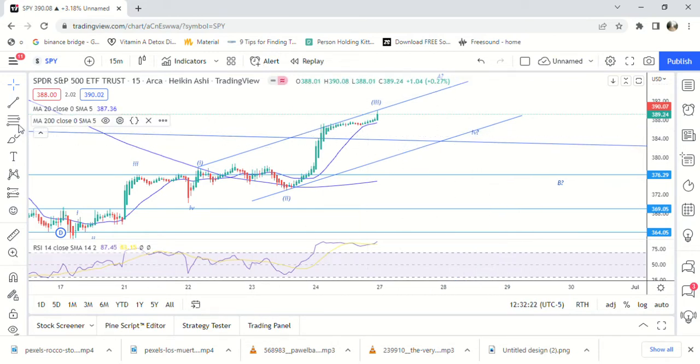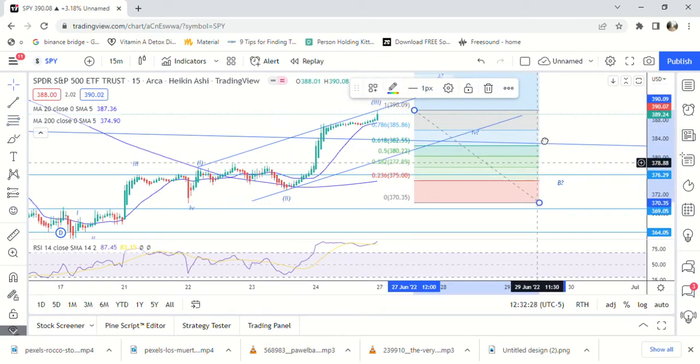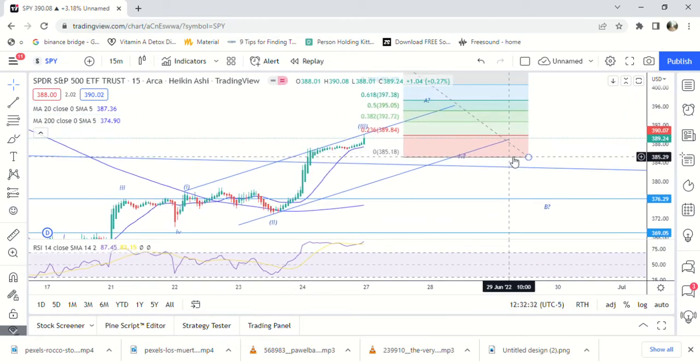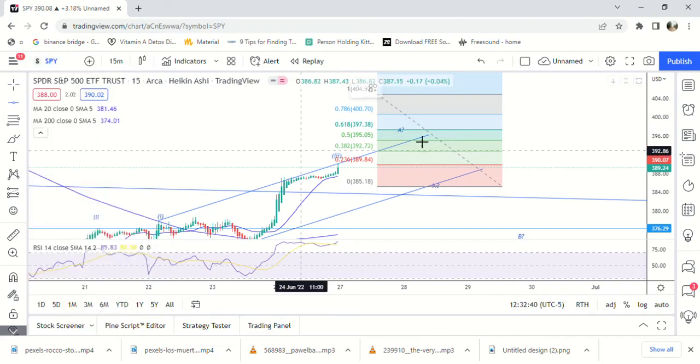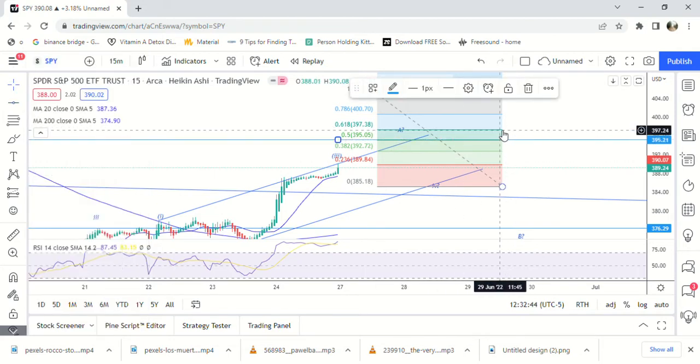Okay, and then we can take the fib retracement tool, go from the third wave down to the start of the first wave, bring it back up here to around 385.50, and look for the 50% retracement, and 395.11 is our target. It doesn't have to go there, but that's just like a general target.